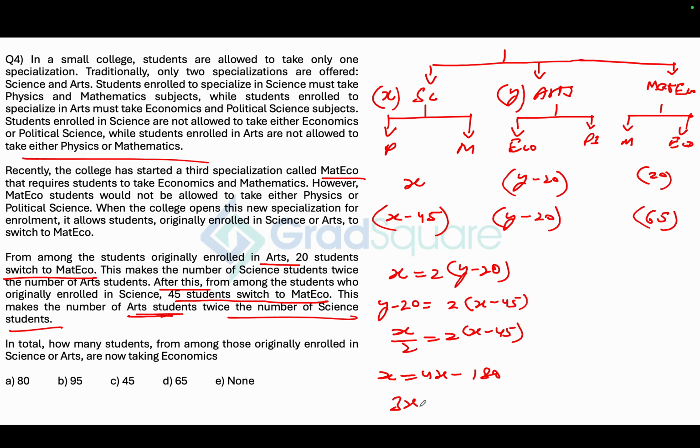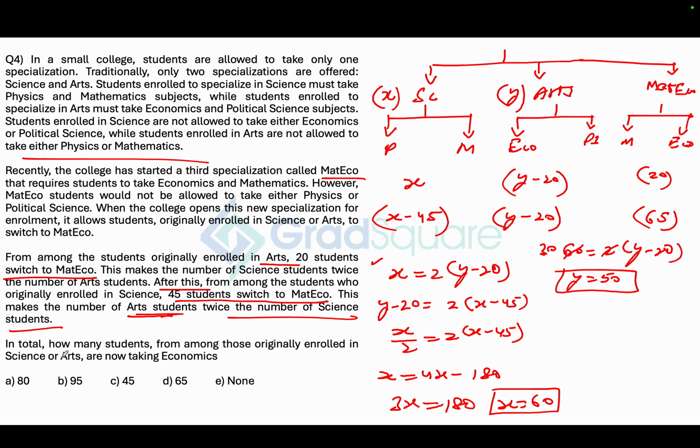That means 3X equals 180 and X will turn out to be 60. Now if the value of X is 60, then the value of Y can be figured out from here. So 60 equals 2 times (Y minus 20). That gives me Y minus 20 as 30 and Y will turn out to be 50.